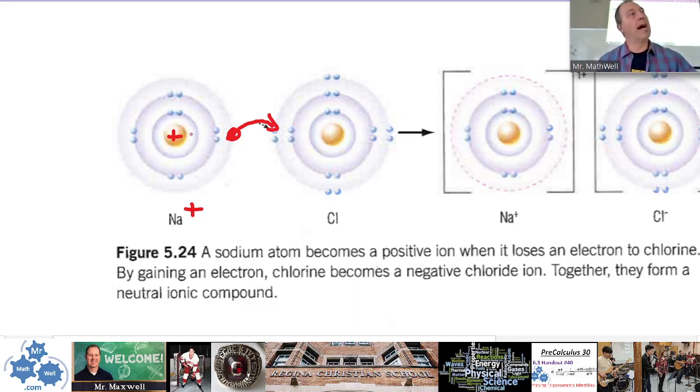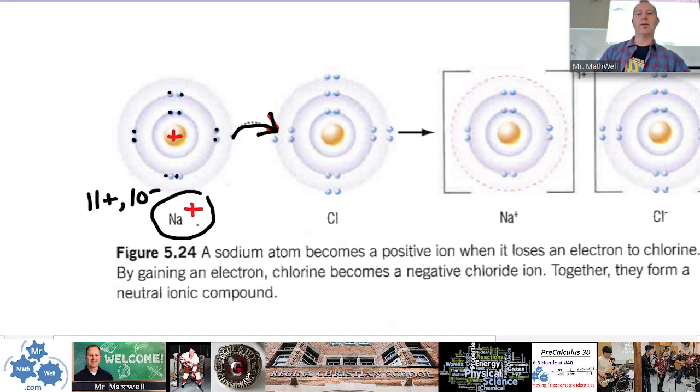Sodium actually has 11 protons, and if you count these little dots, 2 in the first ring, and then 8 in the next ring, and then this is the 11th one, so 11 protons, 11 electrons. If this 11th electron goes away, then it only has 10 electrons now. 11 pluses and 10 minuses gives us an overall charge of +1, you see?